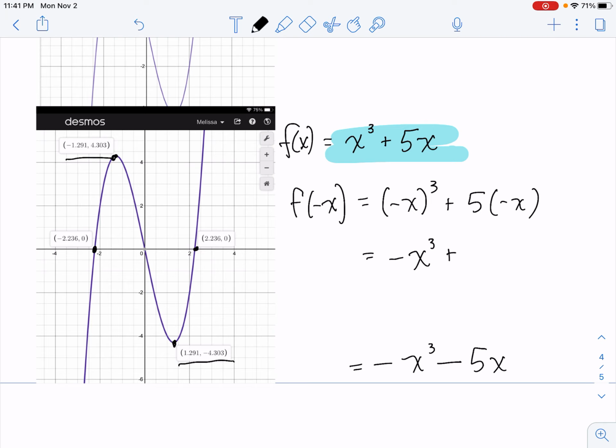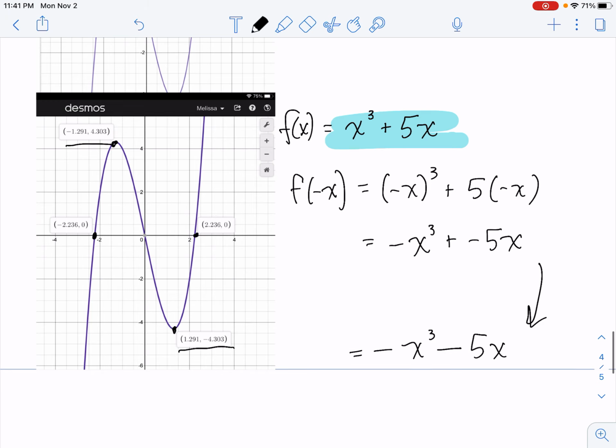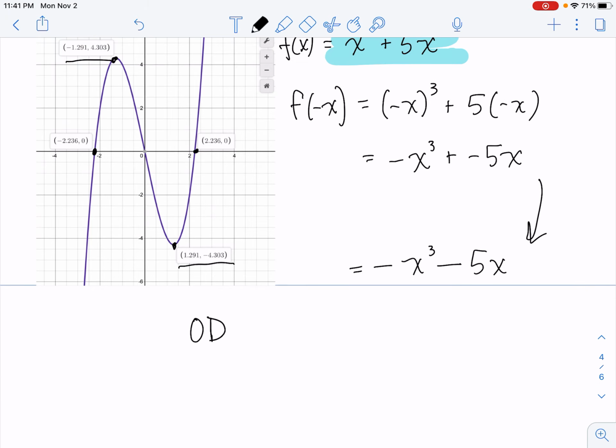Plus 5 times negative x, negative 5x. Oh, hey, it is. And so this is odd, and we proved it algebraically, because when we plugged in negative x, we got the opposite of f of x, we got negative y. We're going to come back together as a class and do some more examples.